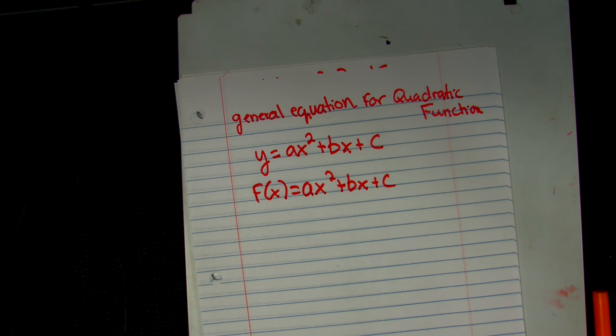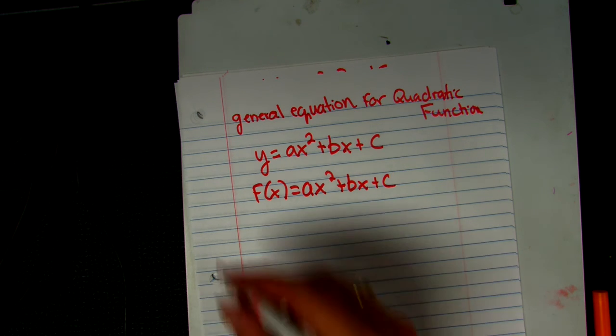So let's talk about some distinguishing features of a parabola. Okay, so a parabola is a curve, right? And we talked a little bit about how the parabola went all the way down and then it stopped.